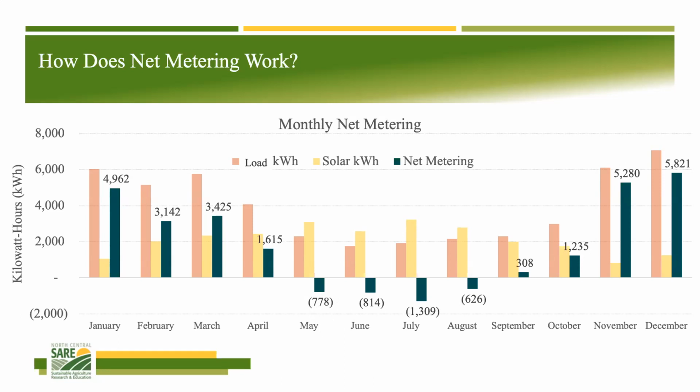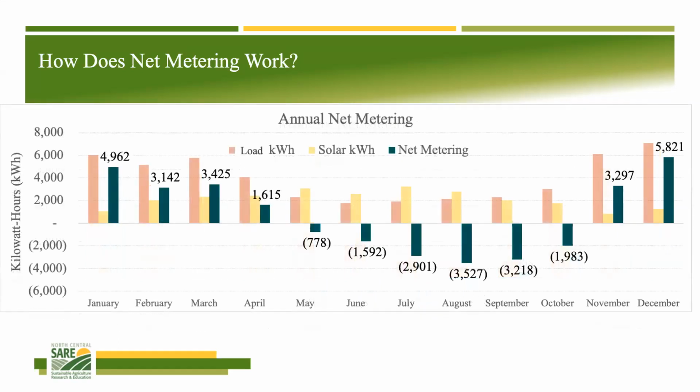I have seen some in other states. In most instances, that's credited as a monetary credit. So that's where it gets into understanding: is it the full retail rate for generation? Is it an avoided cost? That way you can accurately account for the value of that generation in the modeling.